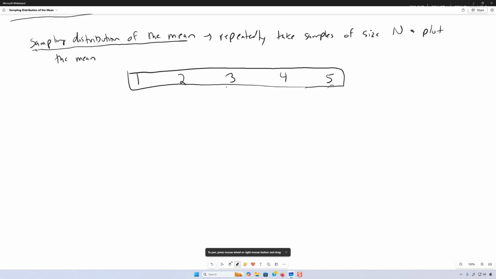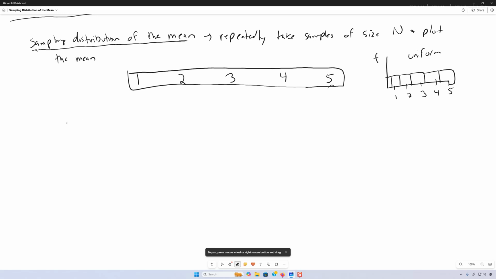Well, the shape of this population is rectangular, right, because if you were to plot it, it would look like this. This is just a hypothetical. Here's frequency, here's my x value. So I have 1, 2, 3, 4, each with a frequency of 1. So that's not normal. This is uniform, or rectangular. It's not even close to normal.